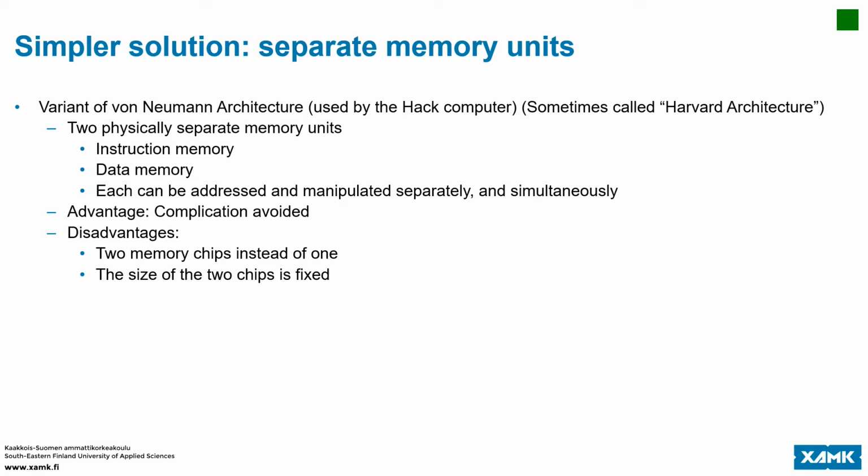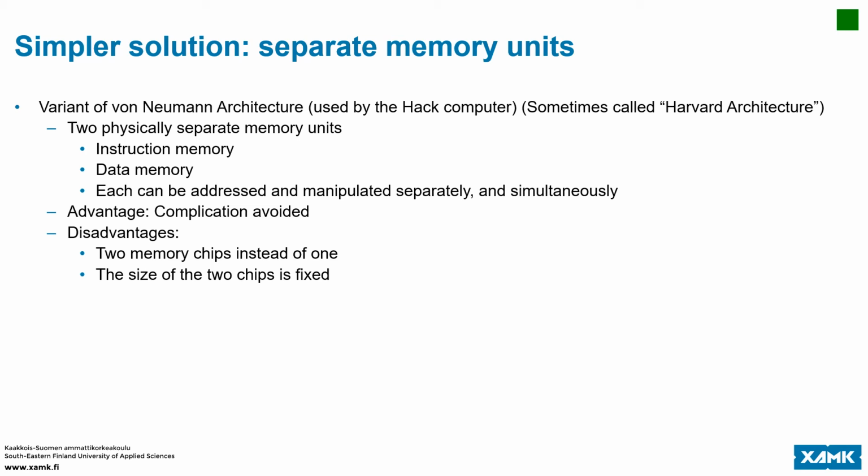This is actually used in some simpler microcontrollers. So all modern CPUs probably use the instruction register and multiplexer combo, but sometimes you see microcontrollers that have separate memory units.